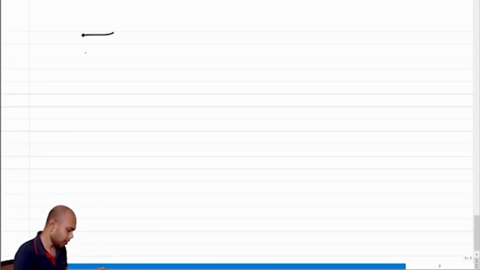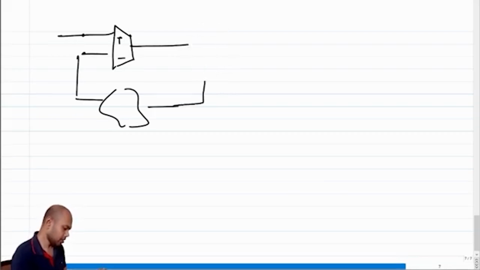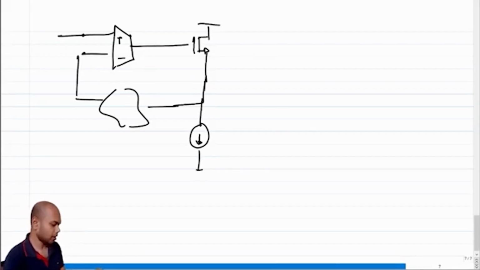So one possible scenario is this. We have to put something here, and so there we have a feedback, right? So here we have to put a transistor. Here if we put an NMOS transistor and bias it as we did, right?